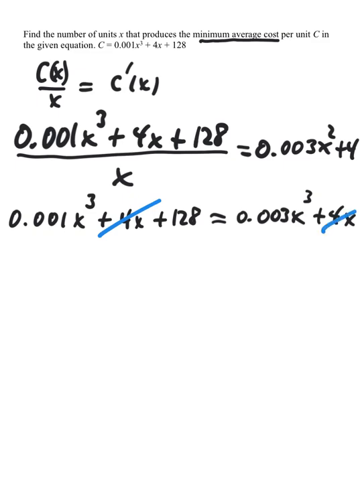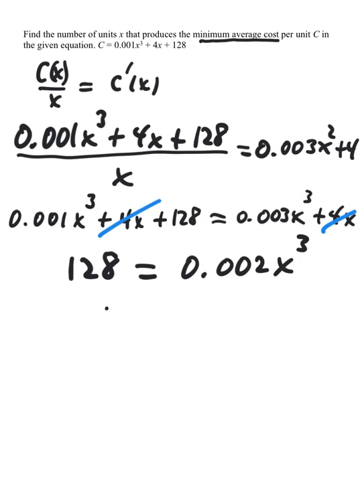Subtracting 0.001x cubed from both sides, that's going to leave 128 equals 0.002x cubed. 128 divided by 0.002 is 64,000.